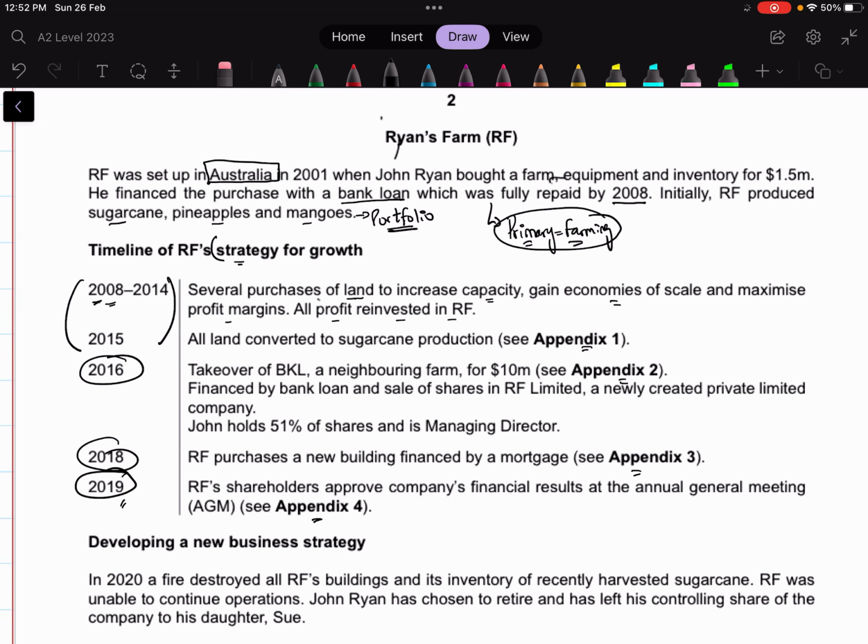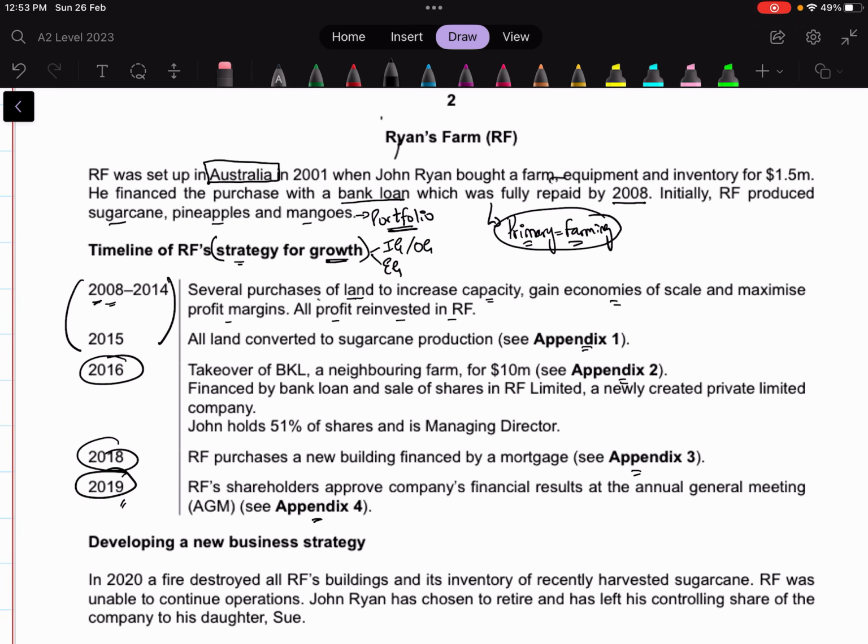So the strategy that we have is the strategy for growth. As we know, growth can be internal or organic, or it can be done with the help of another business by taking it over or merging with it, which is known as external growth. So in this case, up till now, you can clearly see that the business is doing internal growth.